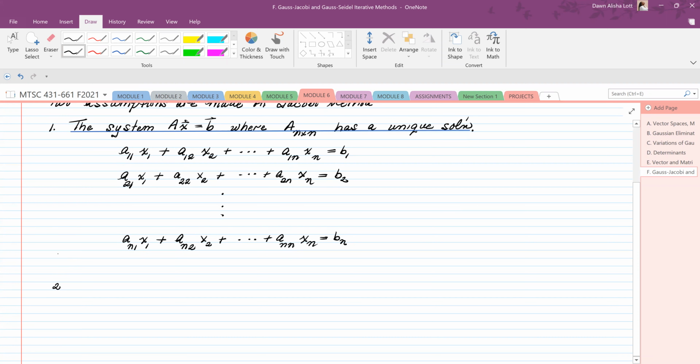Okay, the second thing is the coefficient matrix A has no zeros on the diagonal.